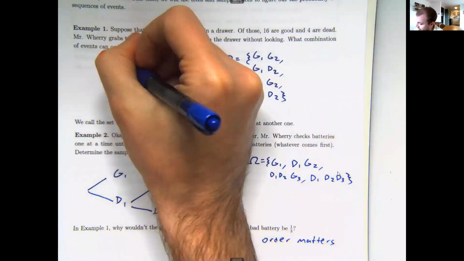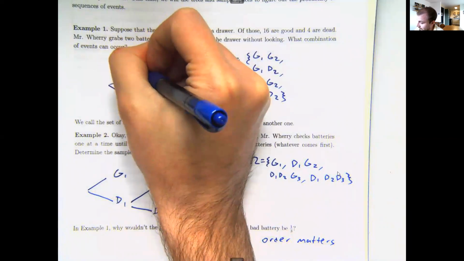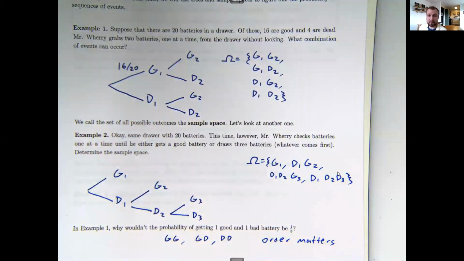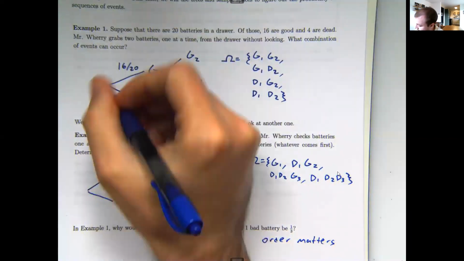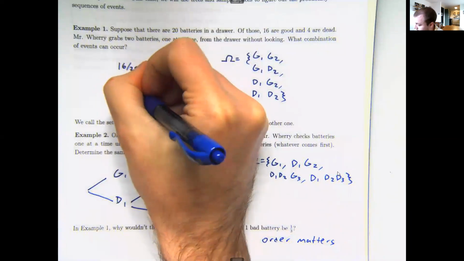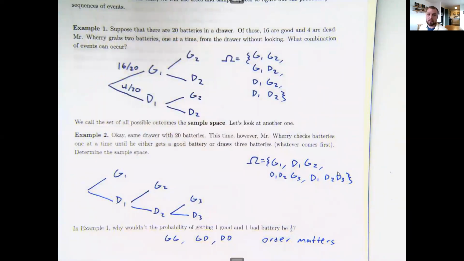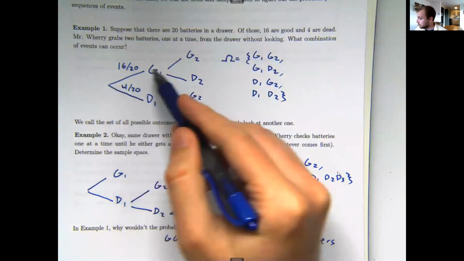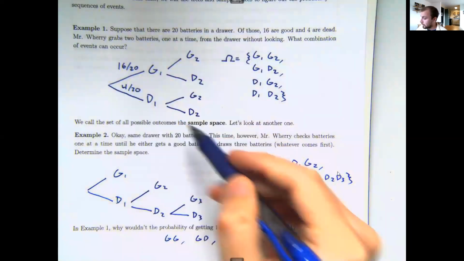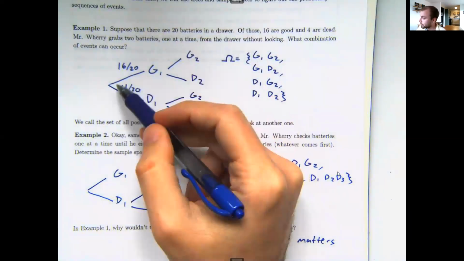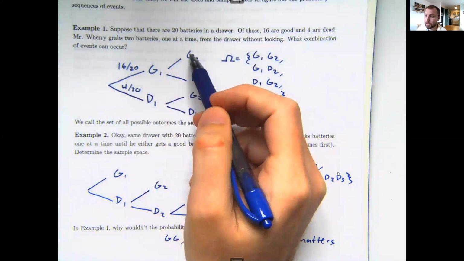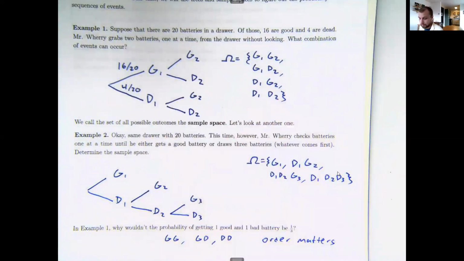So this first branch is 16 out of the 20 batteries. The dead, however, are only 4 out of the 20 batteries. So when I'm looking at each of these paths along, they don't all have the same weight.